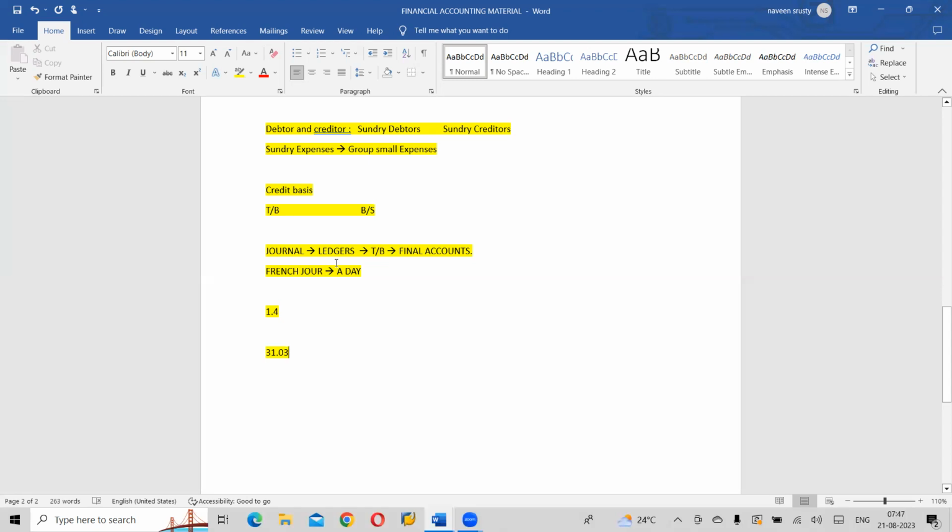So here, you need to remember the thumb rule of ledger. I'll tell you again. The thumb rule of ledger is: personal and real accounts are supposed to be balanced.